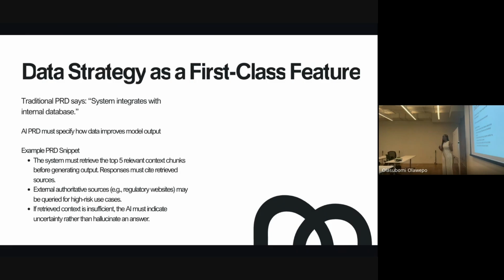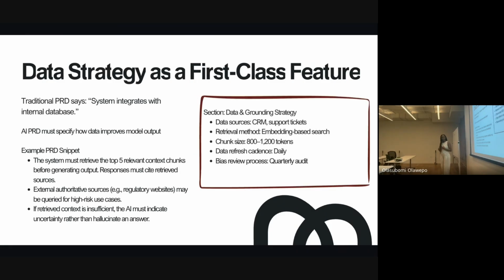These are things that people are still working on, and as a standout PM, you should be thinking about them too. Some examples: when we're dealing with a customer, we only want to pull from our CRM and our existing support tickets, nothing external.